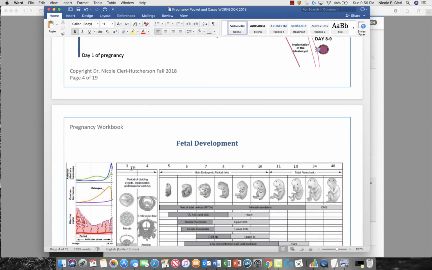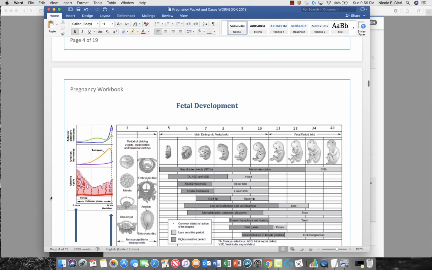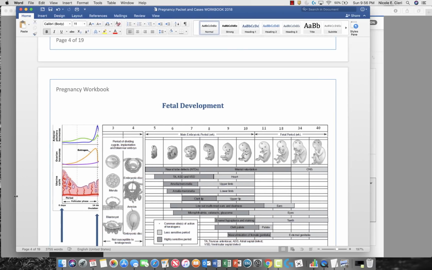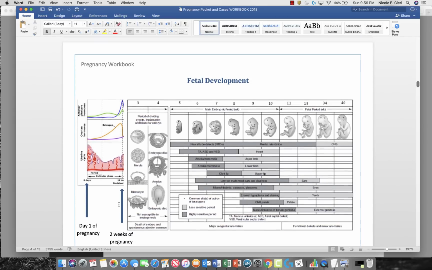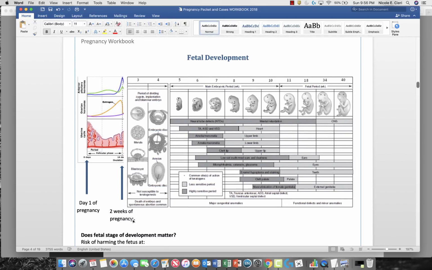As the fetus develops, we progress through the different weeks. At the time of ovulation, you're 14 days in or 2 weeks in, this is when conception will occur, and you're actually considered 2 weeks pregnant at that time, even though conception hasn't technically occurred yet.